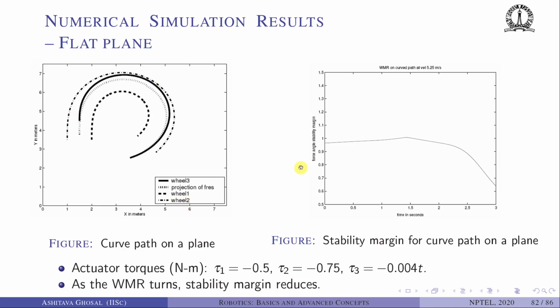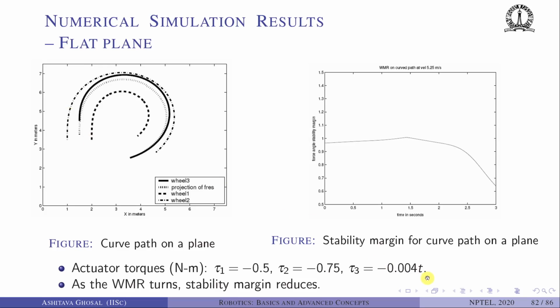What you can see is that the force angle stability measure, basically the angle, behaves like this, and then it comes down to about 0.6. So as the WMR turns, the stability margin reduces, but it is still stable. It never goes towards 0. In this example, we have assumed torques as tau 1 is 0.5, minus 0.5, tau 2 is minus 0.75, and tau 3 to trace this circle is minus 0.0404 t.